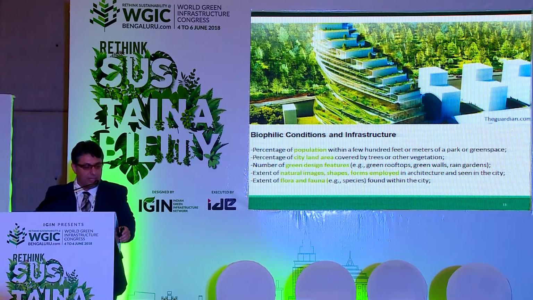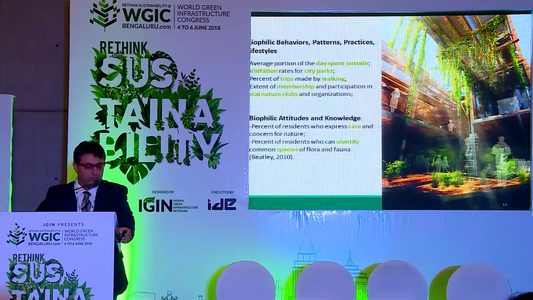Number and extent of natural images, shapes, and forms employed in the architectural scene in the city. And the last one is extent of flora and fauna found within the city. So these are the items that are the scale, and that's how we can find out if a city is biophilic or not.